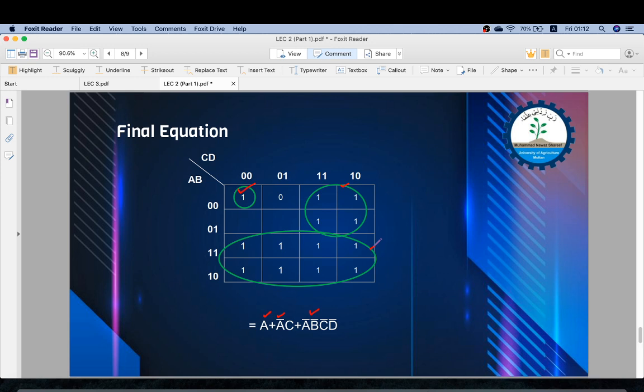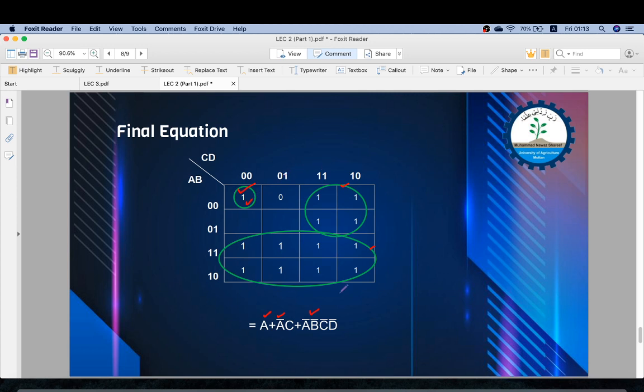And the fourth rule today was cells containing 1 must be grouped. We should not leave any 1 in the K-map. Even if it's a single 1, we should take that single 1 and use it as a group.